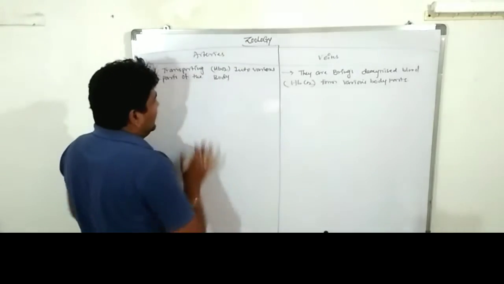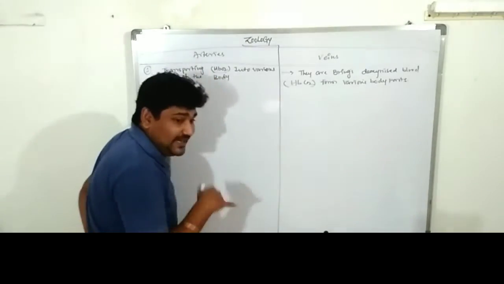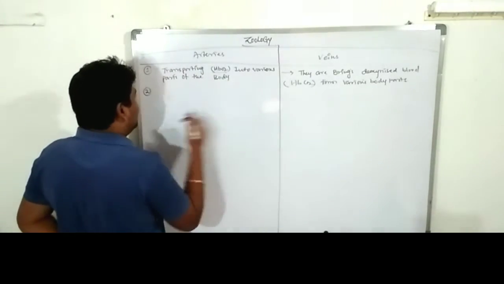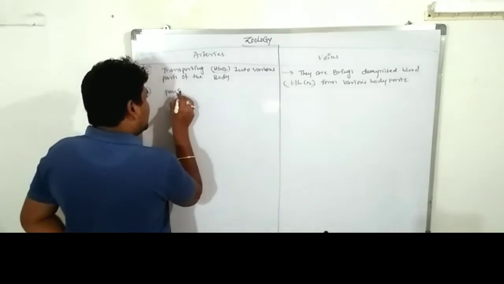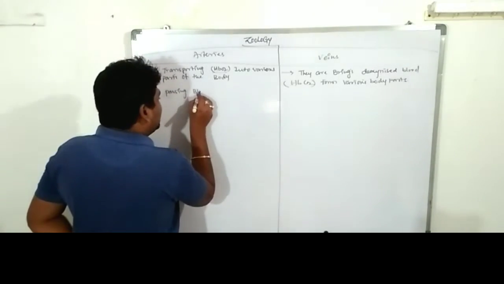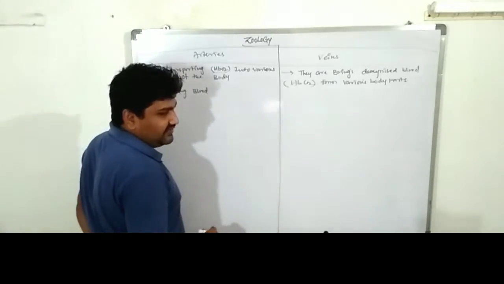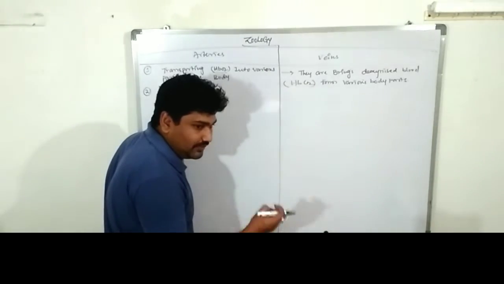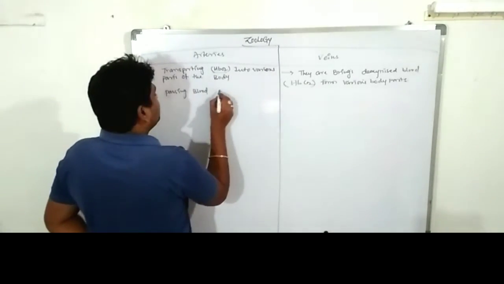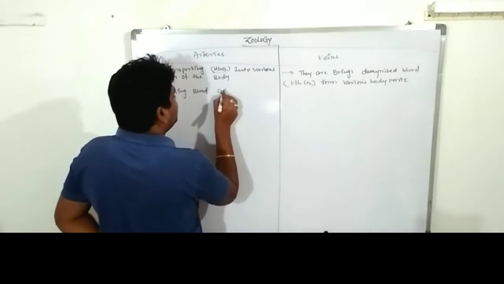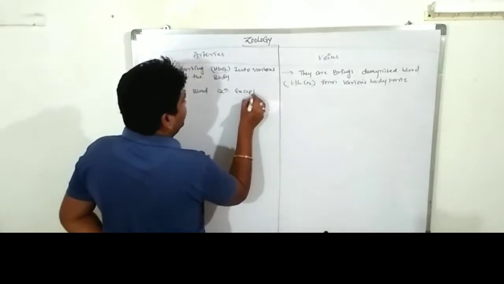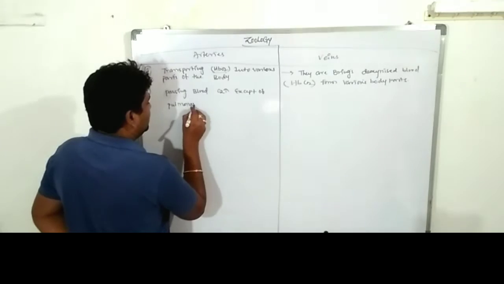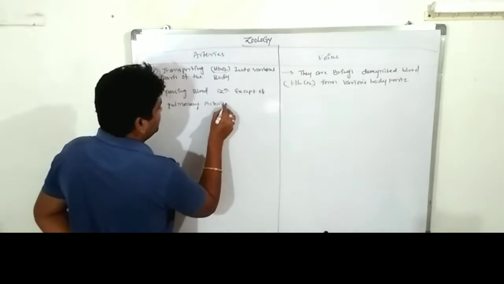Arteries transport oxygenated blood, with the exception of the pulmonary artery. That is known as one exception. Exception of the pulmonary artery, the remaining all are transporting oxygenated blood.